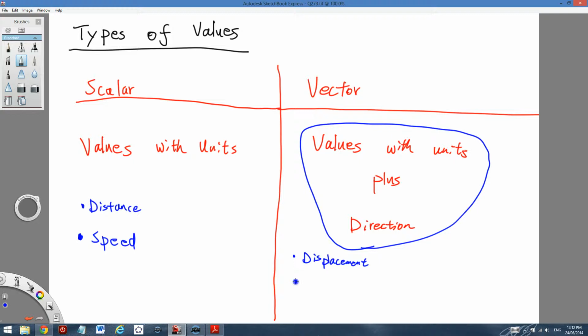However, if I add a direction to it, say I'm driving my car at 60 kilometers per hour east or north, we call it velocity. The idea is displacement and velocity seem like fancy words, but they're similar to distance and speed with a direction, because they're vector quantities.